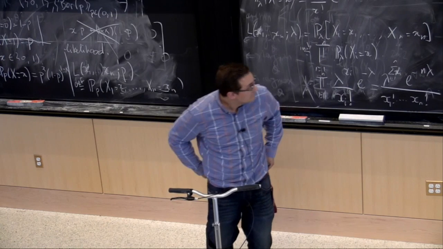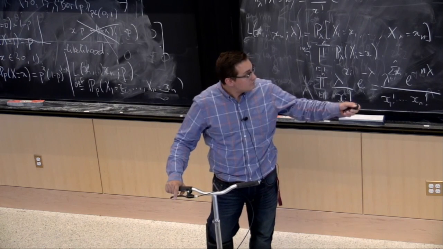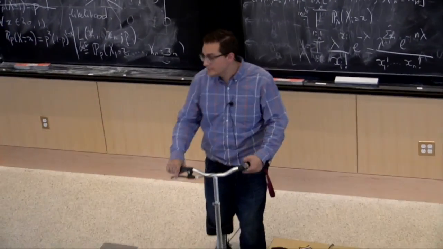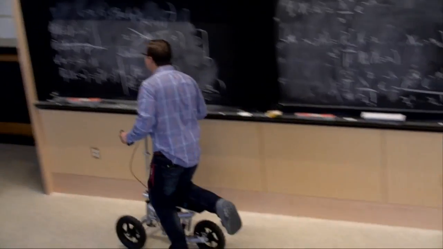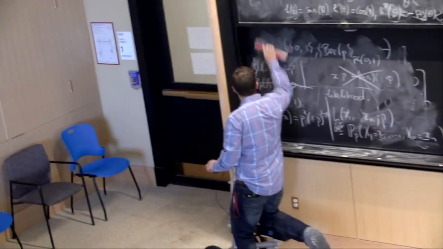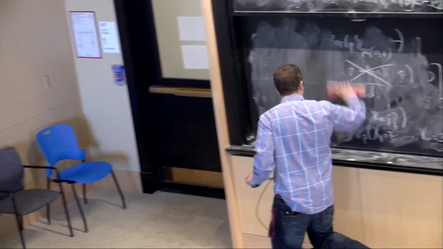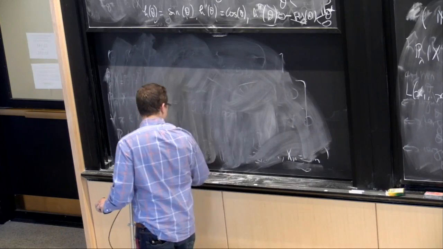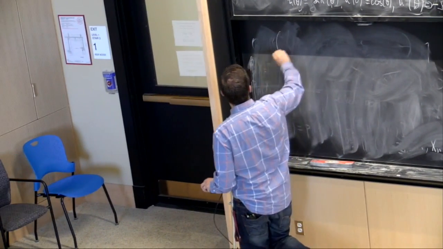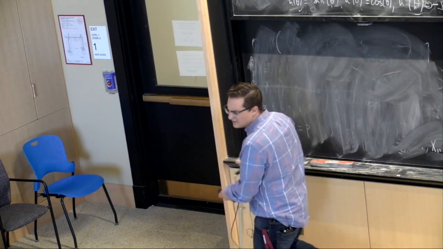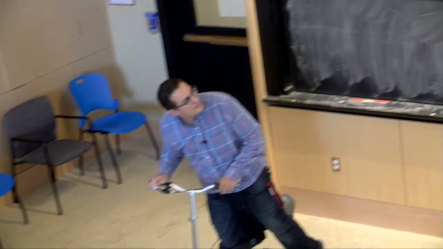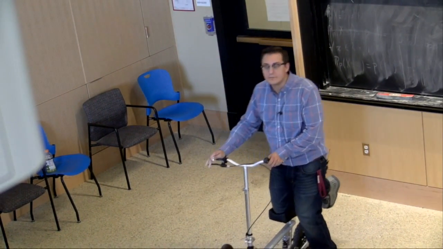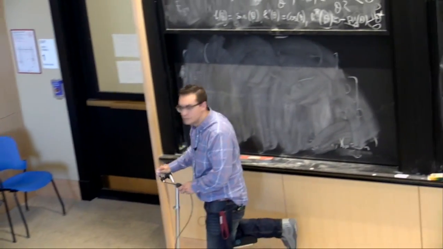All right? So in the Gaussian case, let's see what the likelihood looks like. Okay, so if I have a Gaussian experiment, I'm going to take mu and sigma as being two parameters.